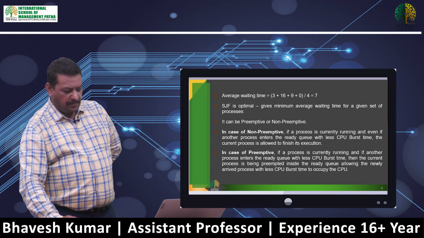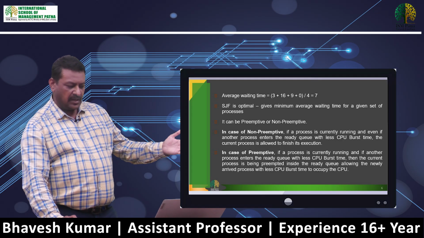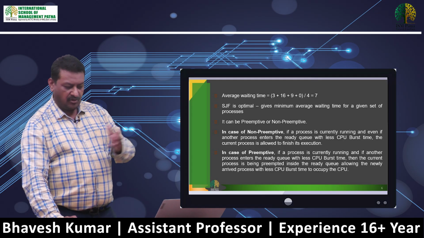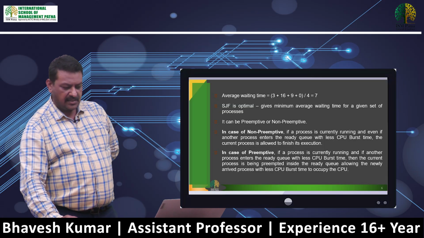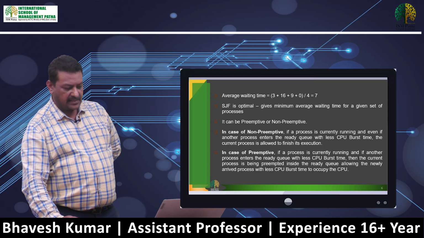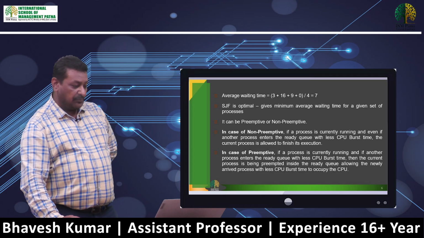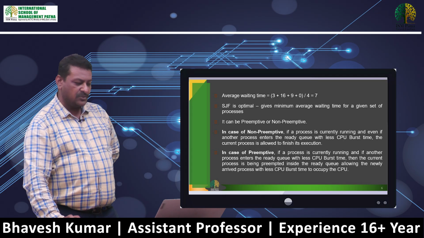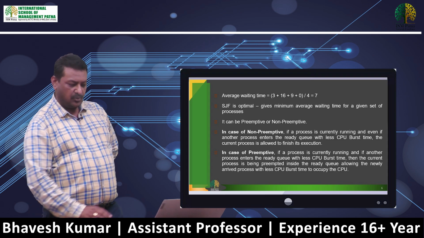Same way, if we look at P2, P2 was waiting for 16 milliseconds because before P2, P4, P1 and P3, all these 3 have executed, which took 16 milliseconds, and for all those 16 milliseconds P2 was waiting. So waiting time for P2 is 16 milliseconds. For P3 in the same way it is 9 milliseconds. But for P4, P4 didn't require to wait even for a single millisecond. So for P4, it was 0.